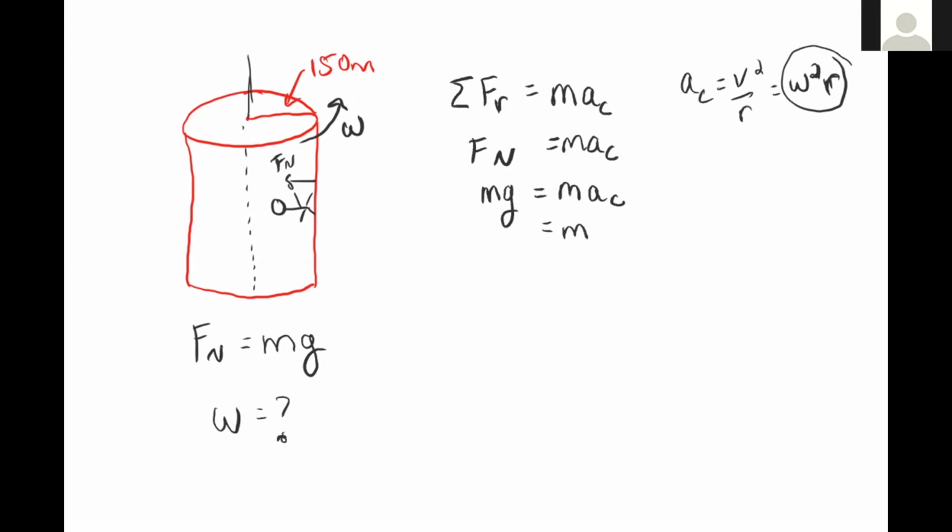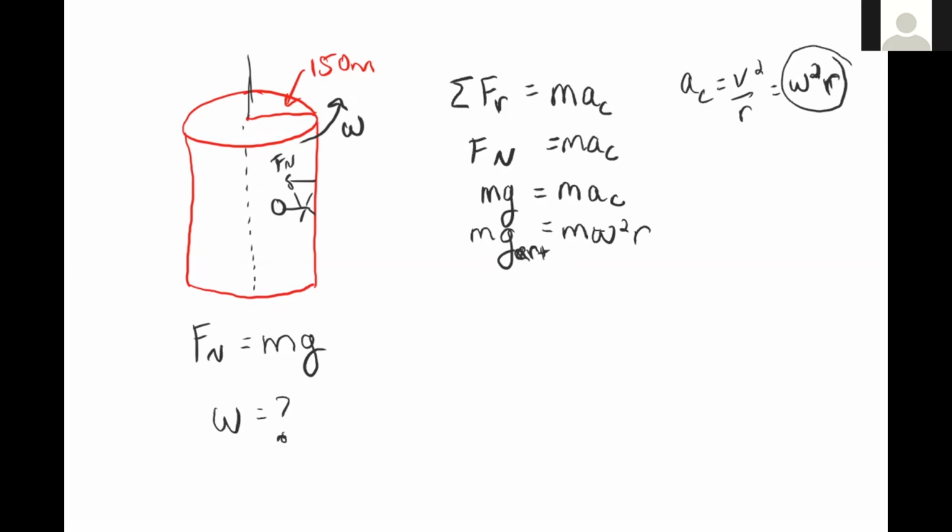So we can replace the centripetal acceleration with omega squared r, and that has to equal our mass times gravity. In this case, I'm going to say g artificial because it's not Earth's gravity, but it's trying to match.